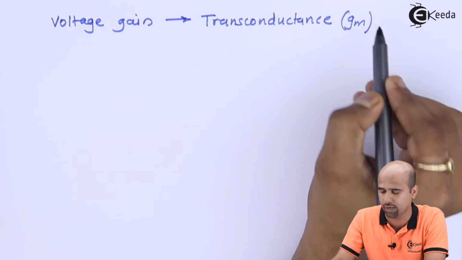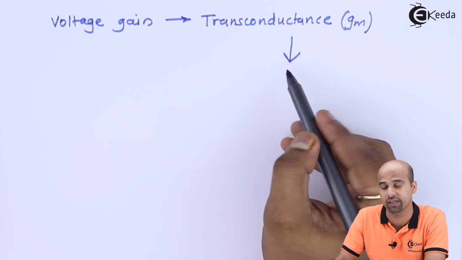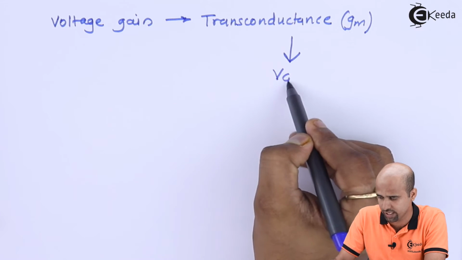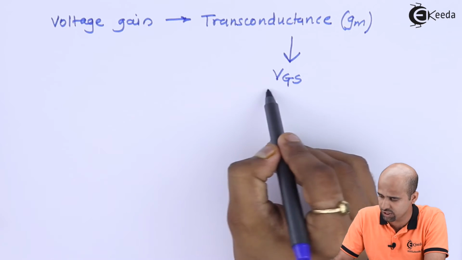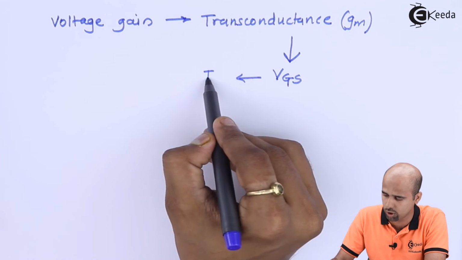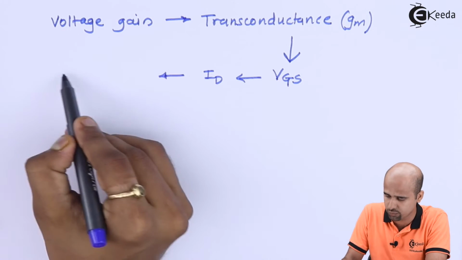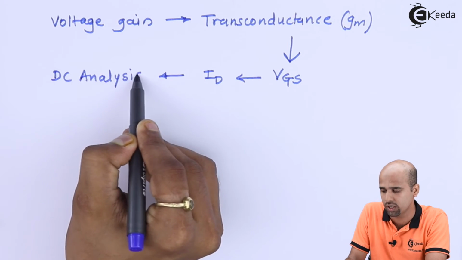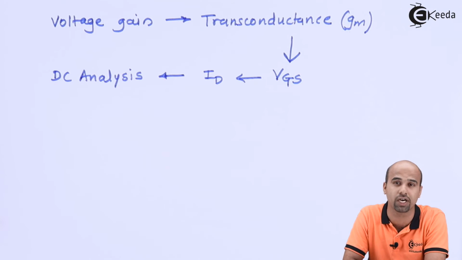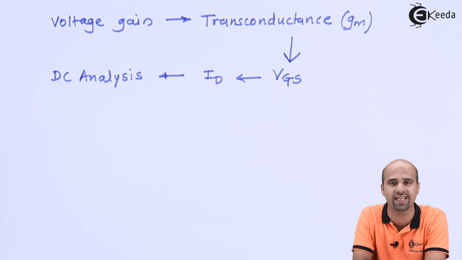Transconductance gm directly depends on the value of VGS, and VGS is also not given, which depends on the value of ID. And this ID we can get from DC analysis, and that is why we are going for DC analysis first before starting with AC analysis. So step number 1 will be your DC analysis and step number 2 will be AC analysis.